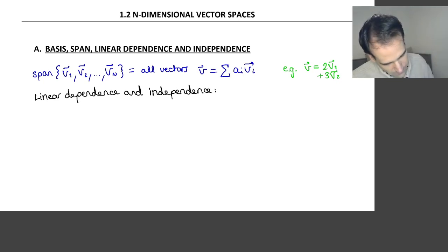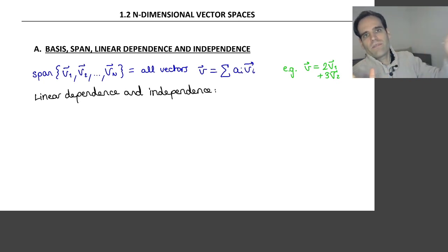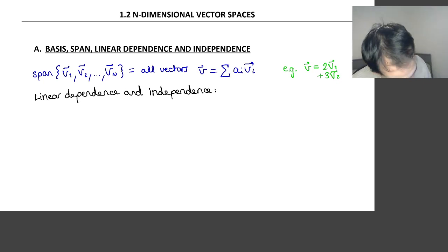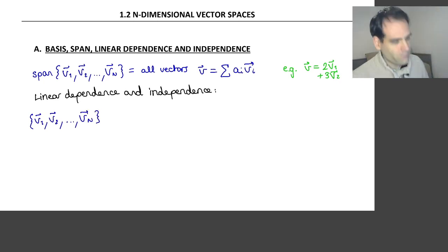So what was that? I give you a set of vectors, v1, v2, v3, v4, v5. Let's write it as a set, v1, v2, up to vn in general, n vectors.